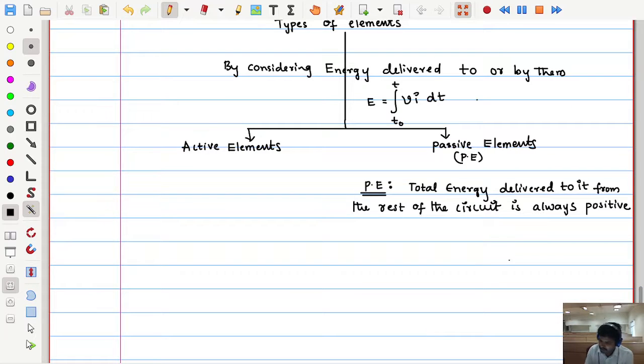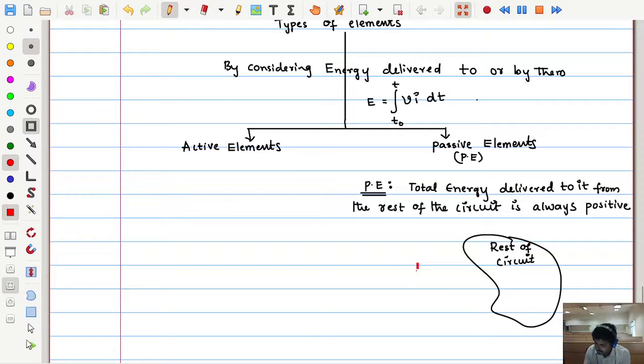For this I want to take this kind of thing. This is the circuit, so I'll call this the rest of the circuit. Let us consider an element which I am interested to see whether it is a passive element or not. This is my element.